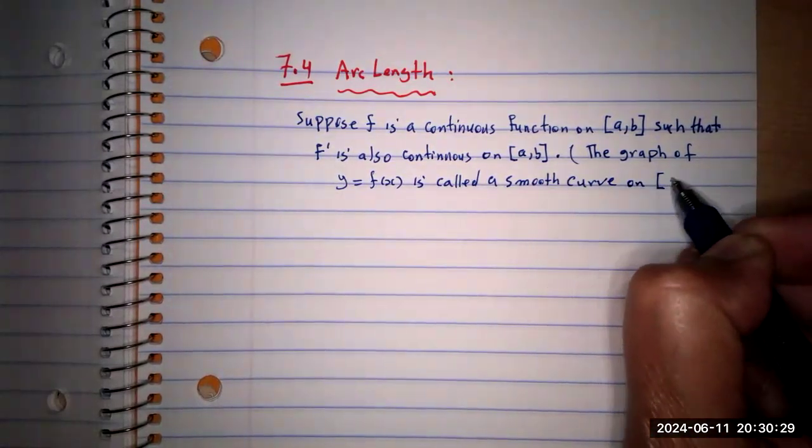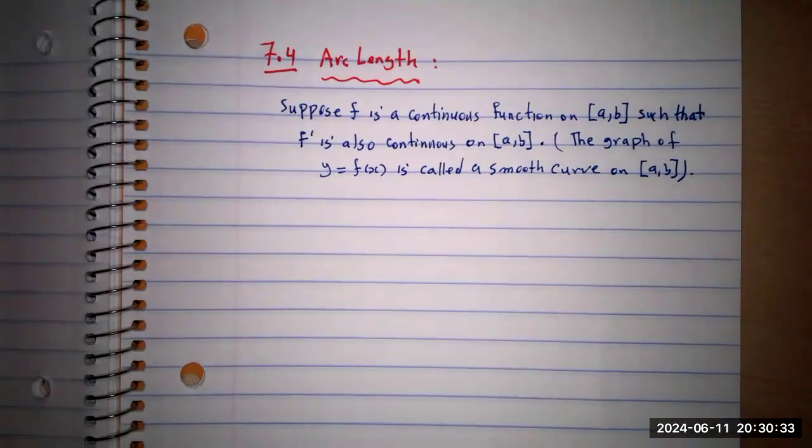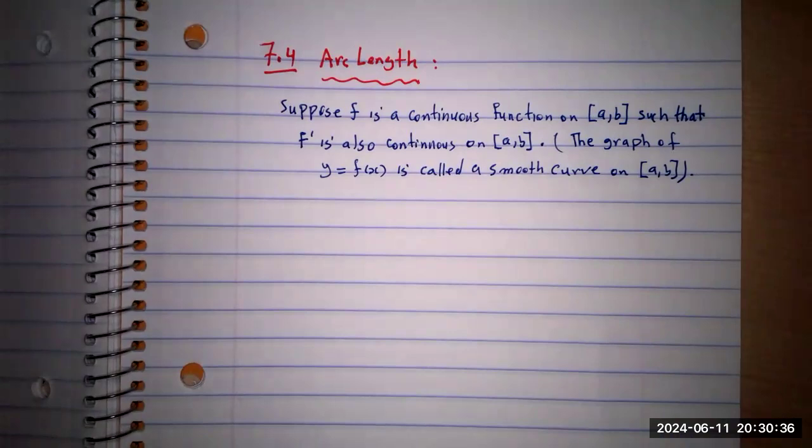The notion of smooth is going to be used much more when we get to the line integral, not of course in this course, and when we get to polar coordinates.